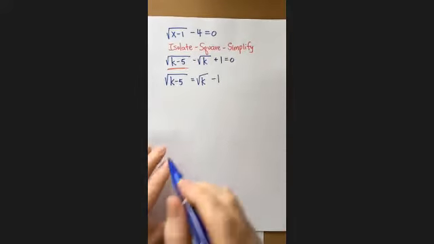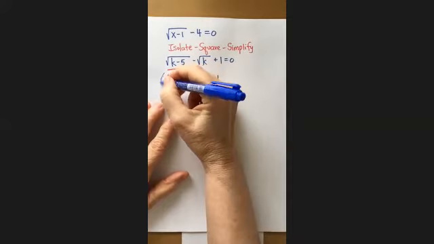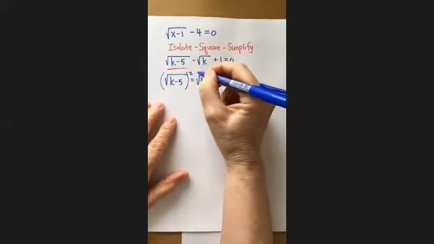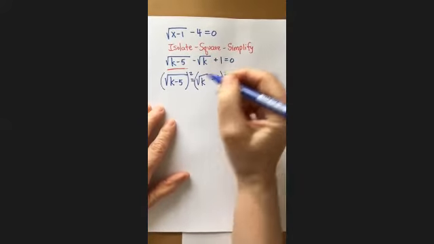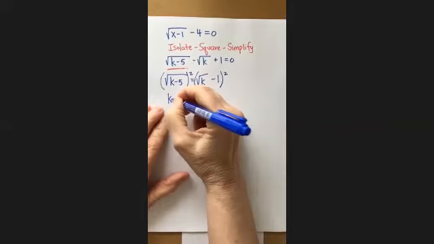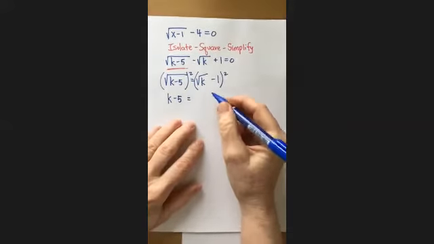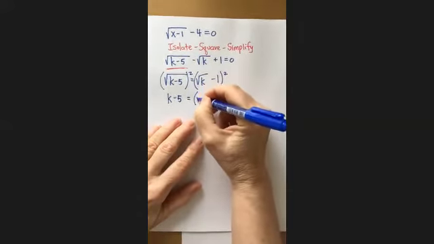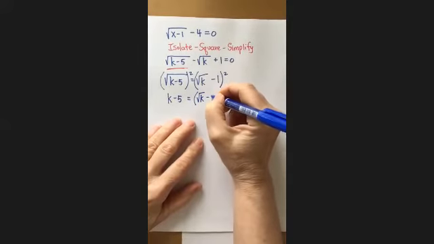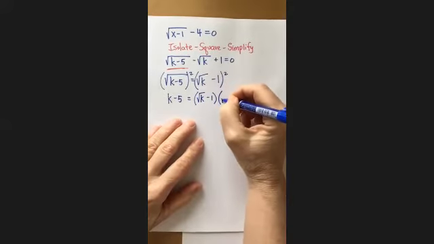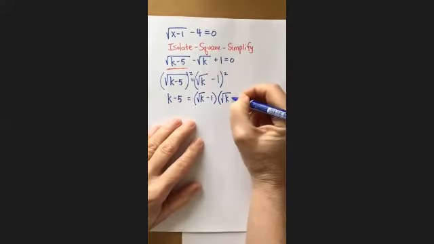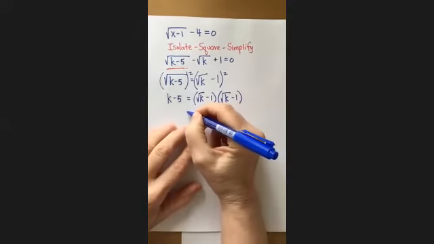The next step is to square both sides. And of course, with this one, we just come out with k minus 5. But with this one, oh, that looks a little daunting. But we know how to deal with radical signs. We may never have squared them like this before, but doesn't mean we don't know how.